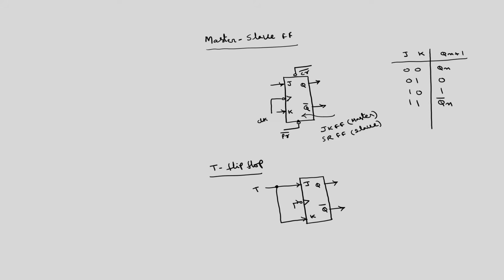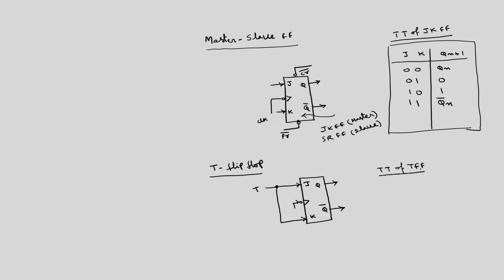But what will be the truth table of this T flip flop? This is the truth table of the JK flip flop. Among these 4 conditions, only 2 conditions are allowed because J and K should be equal.